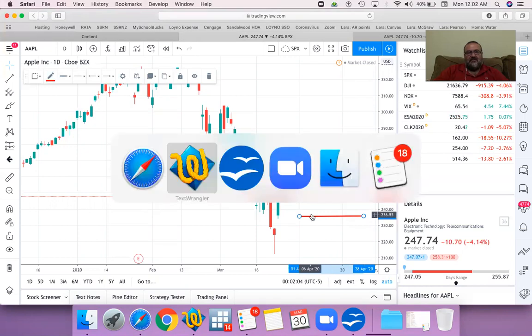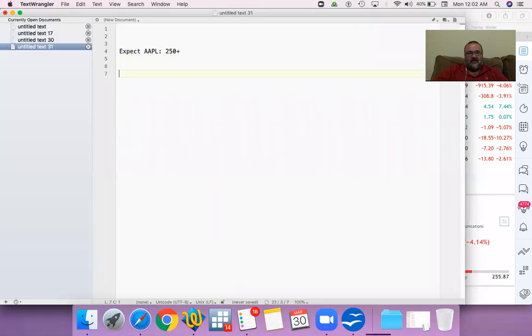235. So what we're going to do is write a put option, and notice how risky this is. The strike price is 235.